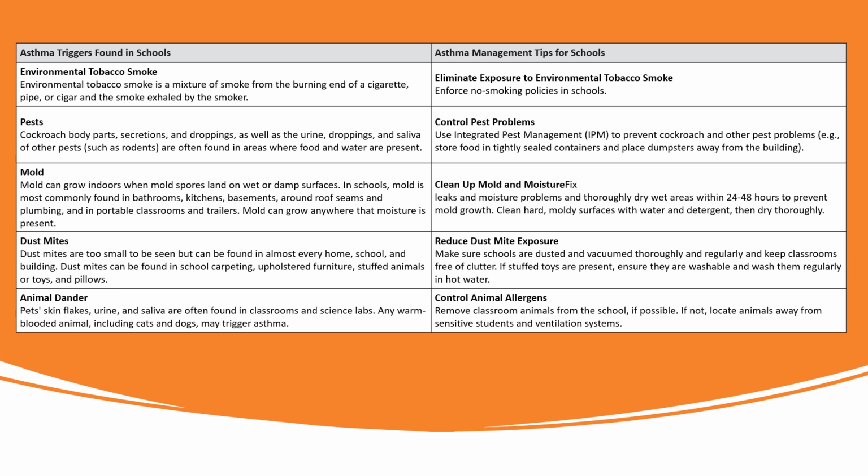Most schools have no-smoking policies, but it's after school and off the school premises that becomes a problem. Use integrated pest management to prevent cockroaches and other pests. Store food in tightly sealed containers and place dumpsters away from the building. Simple things like that make sure we don't foster an environment for these pests.